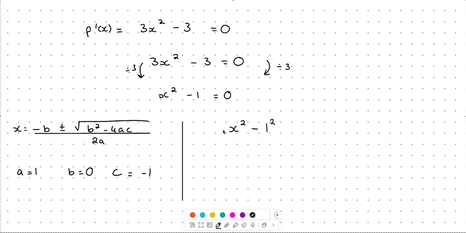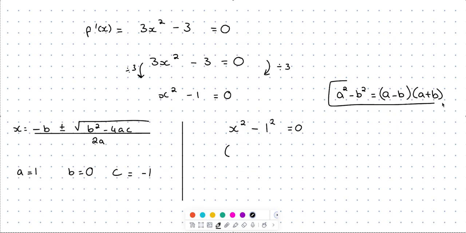So all of a sudden, I have a square number take away another square number. Okay. And whenever I have that, I have the difference of 2 squares. So I'm going to have to follow a formula. And I'll write it up here for you. When you have a square number, take away another square number, it goes to a minus b, a plus b.